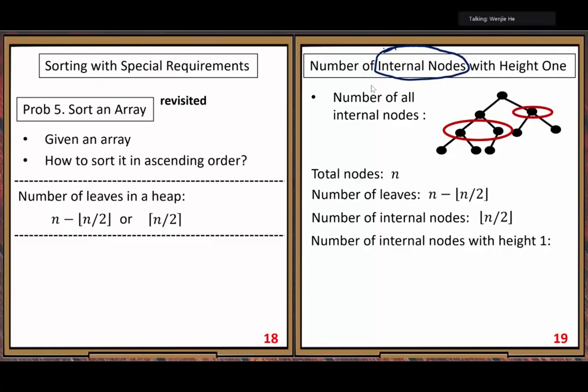So here, second concept, the height concept we need to use. Because here we need to count the number of internal nodes with height 1. So what's the meaning of height? Here, from the tree, look at this node. When you start from this node, you want to get to the bottom, so you need to follow a path.